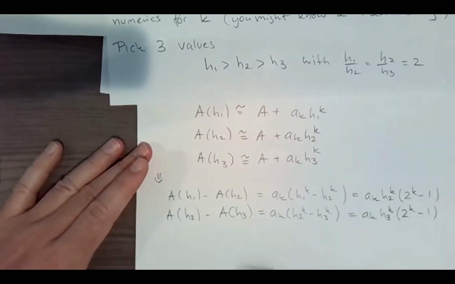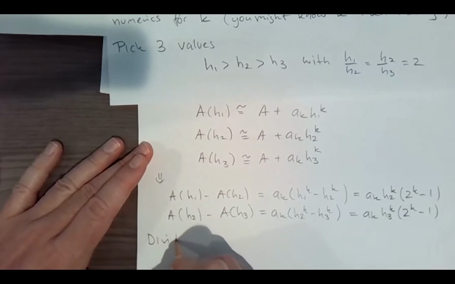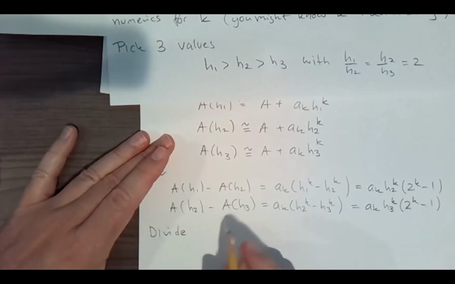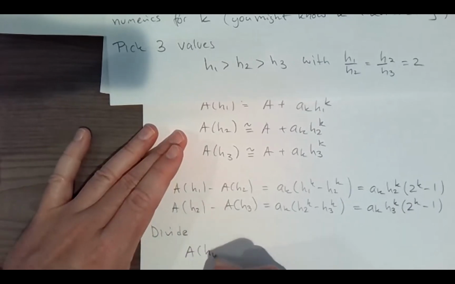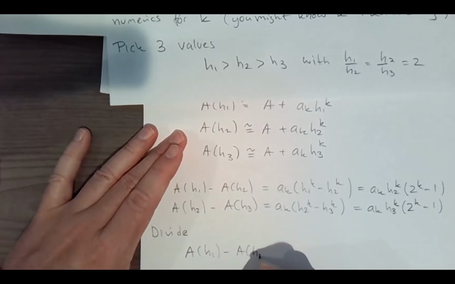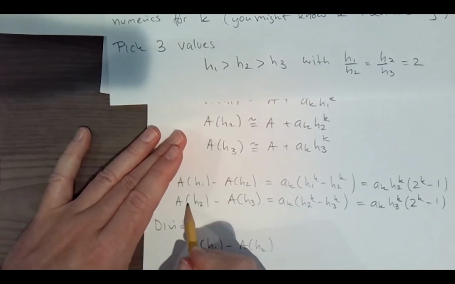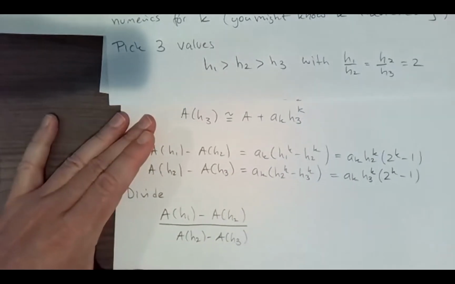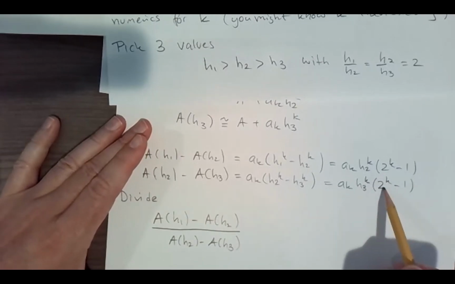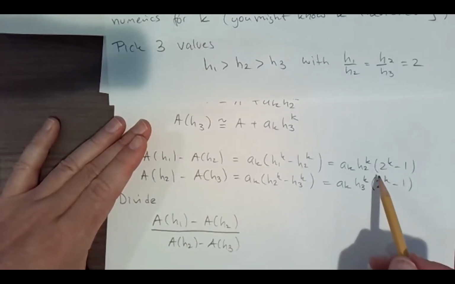And so comes the miracle, because if I divide, I'll have A of H1 minus A of H2 divided by the bottom part. And so we look over here, a bunch of these things will cancel out.